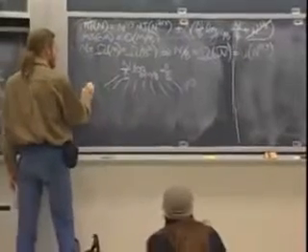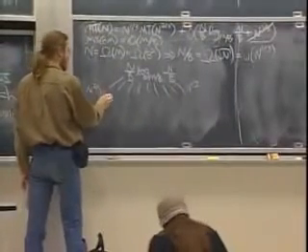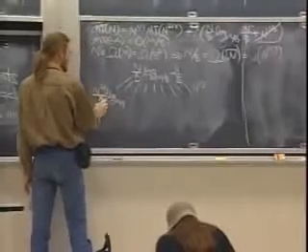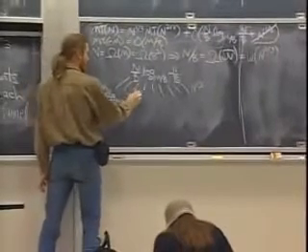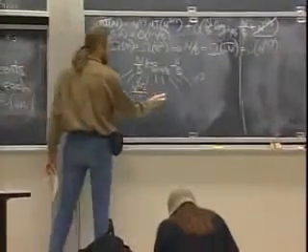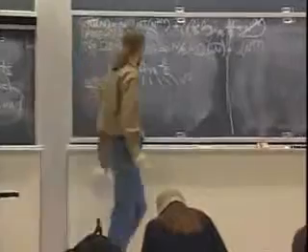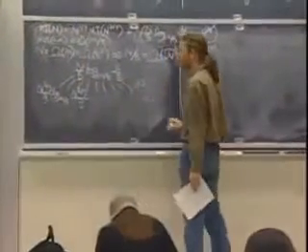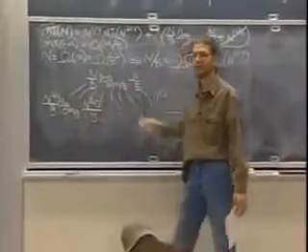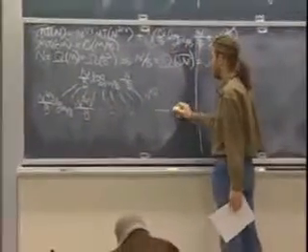So n to the 2/3 over b, log base m over b of n to the 2/3 divided by b. Oops, I forgot to divide by b out here. That's the cost of one of these nodes. There's n to the 1/3 of them. What do they add up to? There's n to the 1/3 and an n to the 2/3 here, which multiplies out to n. So we get n over b.